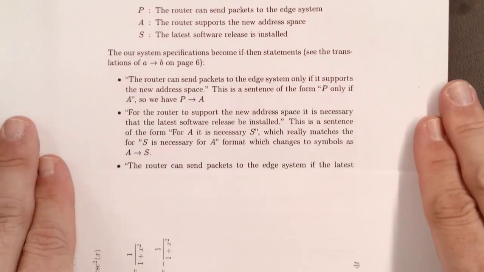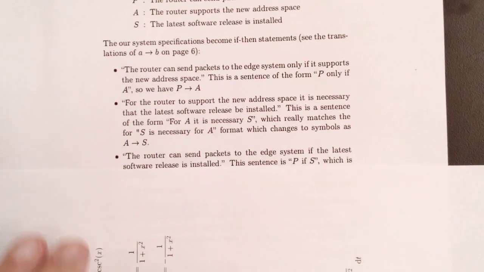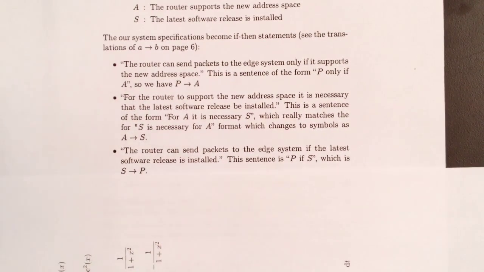Third sentence. The router can send packets to the edge system if the latest software release is installed. They put the word if in front of the piece it applies to. So if the latest software is installed, then the router can send packets.